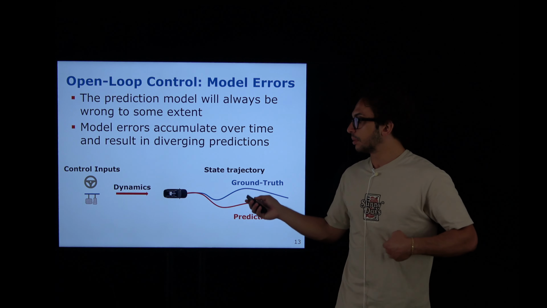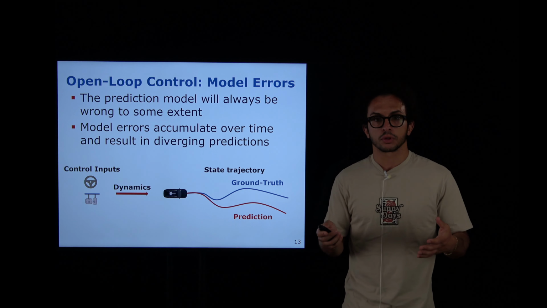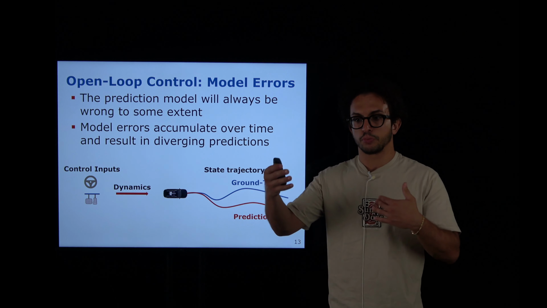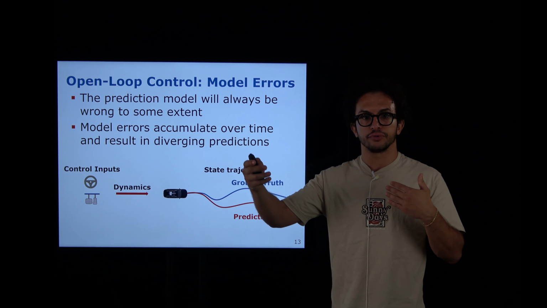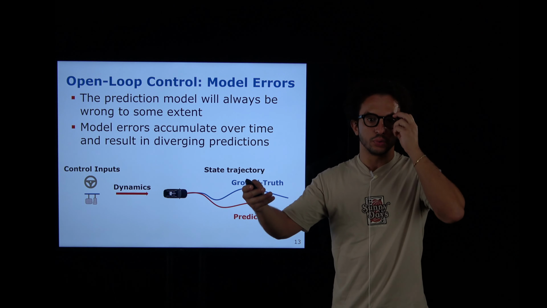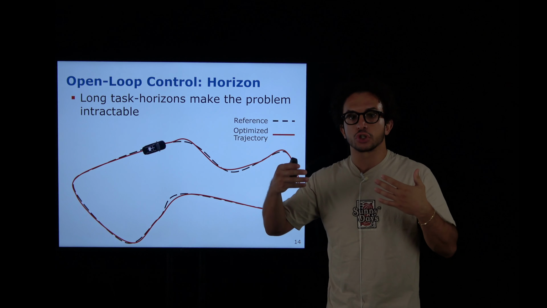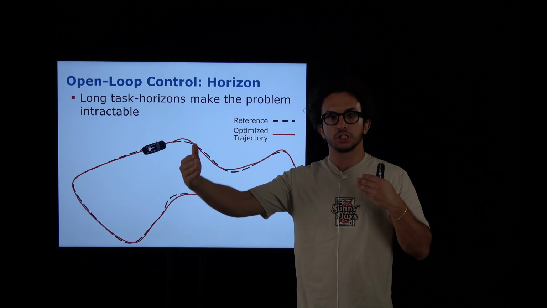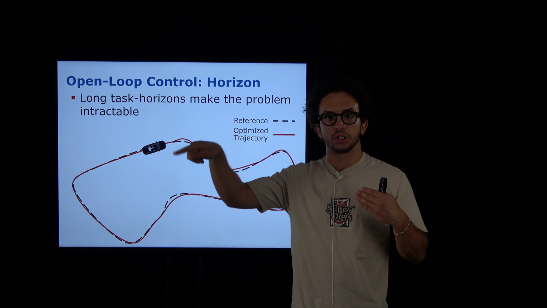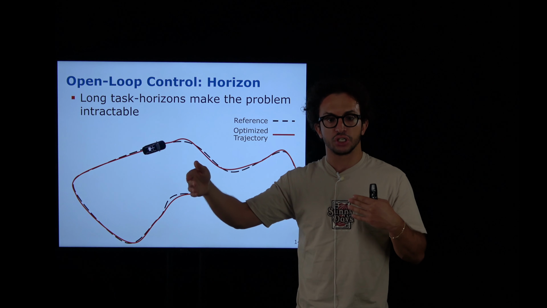And this is a big problem, especially since we have optimization problems that look ahead, trying to find the best way to deal with something, and they have a certain control horizon. So they are looking ahead for a certain time, and they are computing the best way to reach a certain state.